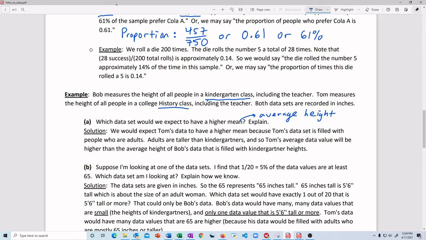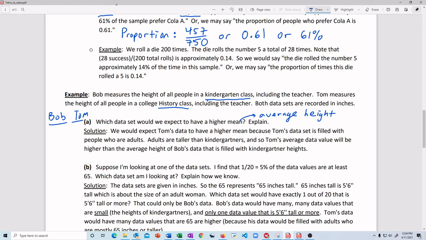Boom. So we don't have the numbers in front of us, but we have to be able to use the ideas, think about them, write down heights that you think. If you're stuck with this, just pretend that you know Bob and Tom's numbers and think about them. Well, now I'm going to look stupid here because I don't know how tall kids in kindergarten are.